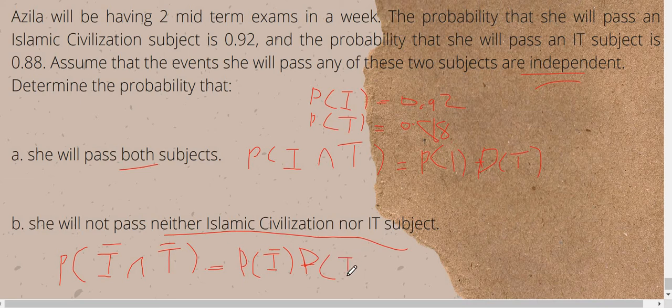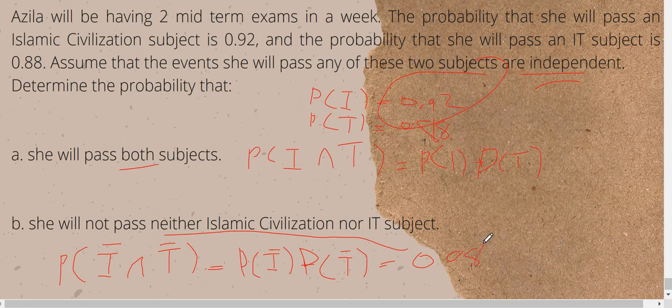So how to get I bar and T bar? Class, you have the probability of I and the probability of T. The total probability of each event must be 1. So to get I bar, you must do 1 minus 0.92, which gives 0.08.